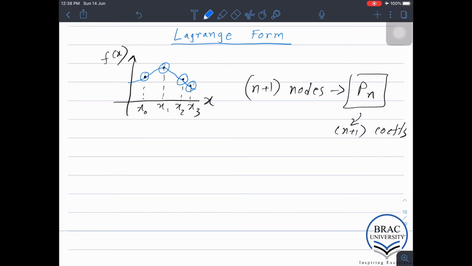If I remember correctly, for Gaussian elimination it's an n-cube problem. So it's not really easy, and even for 10 nodes or more it gets really difficult. So we have to find a new way to do it, and that is what we do in Lagrange form.